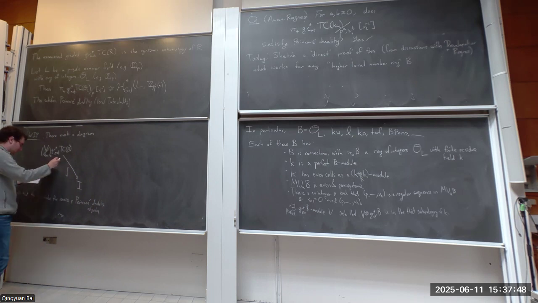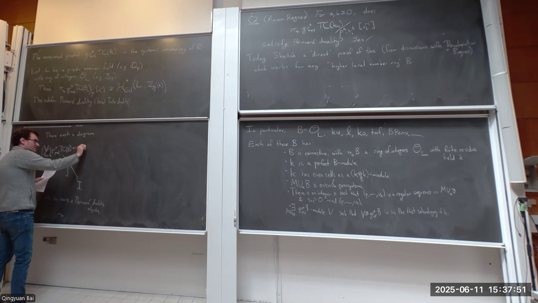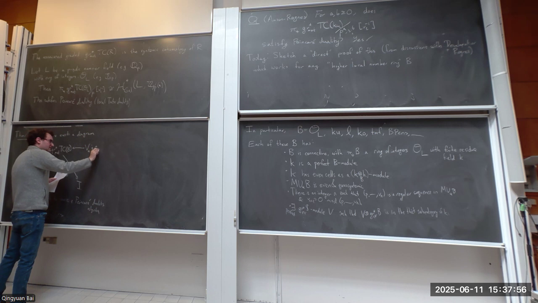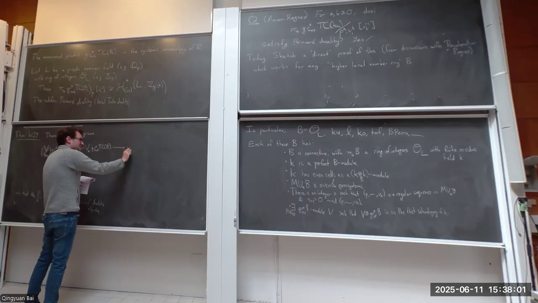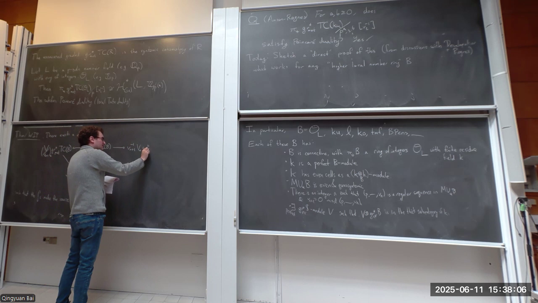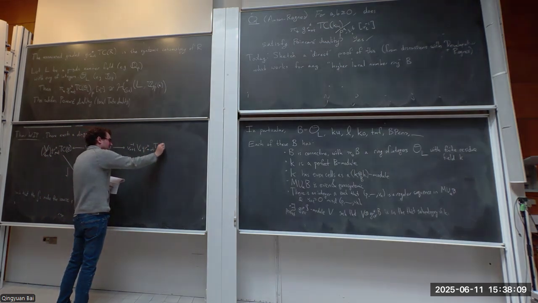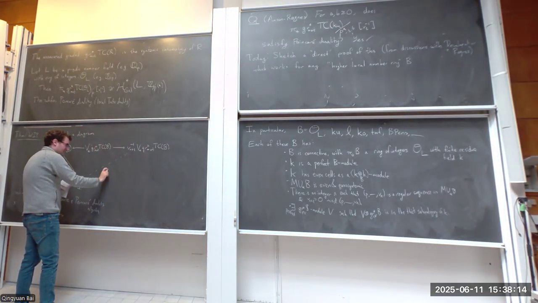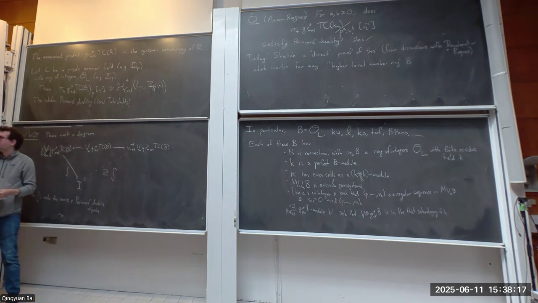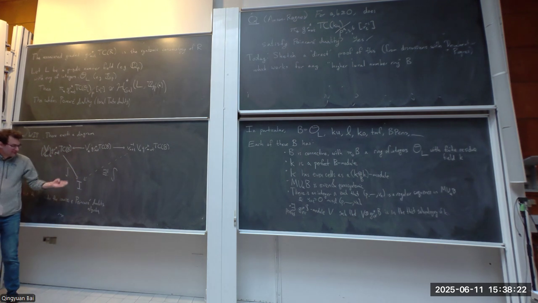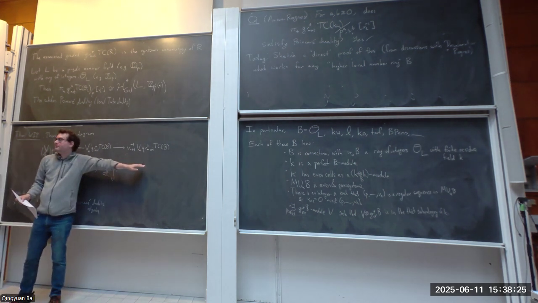I have a little bit more to put in, but I can skip this. And the claim is that there exists a unique integral here, a unique way of making this diagram commute so that this also becomes a Poincare duality algebra.